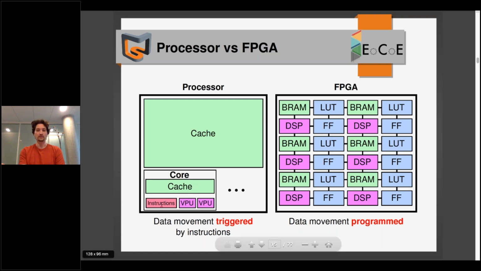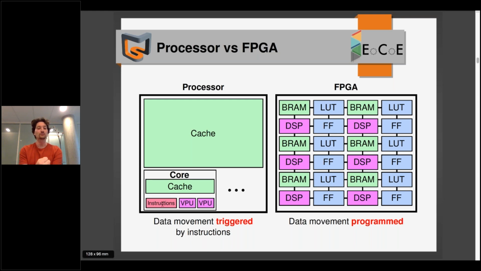The big difference between a processor and an FPGA is that on a processor you have instructions. On an FPGA you don't have any more instructions. Data movements on a processor are triggered by instructions. At some point you will need the value of some array in memory. You will want to make a floating point operation with this value, and so you will have a load instruction that will be executed inside the core.